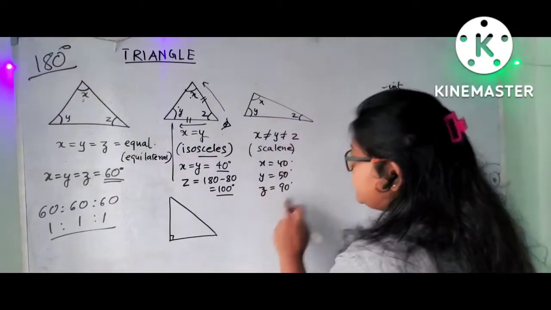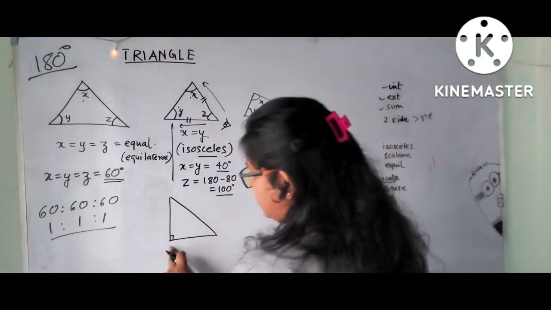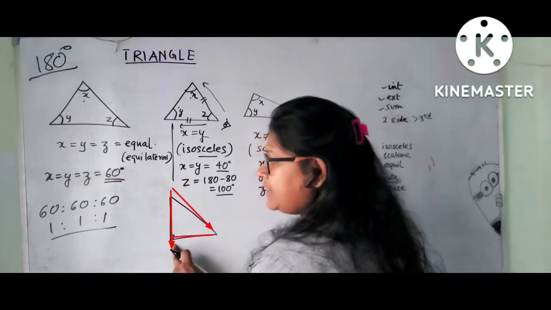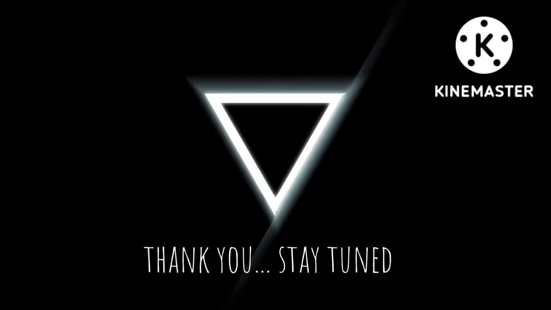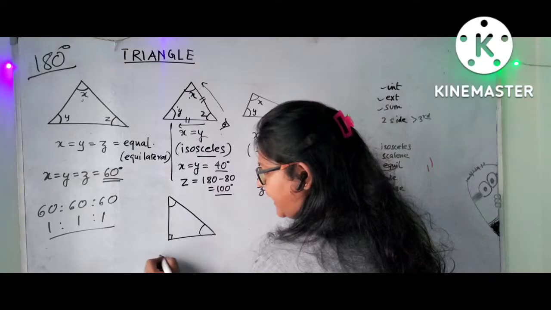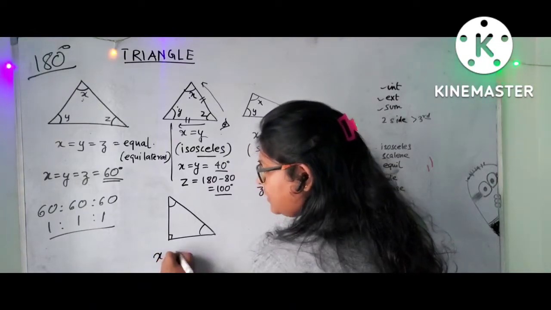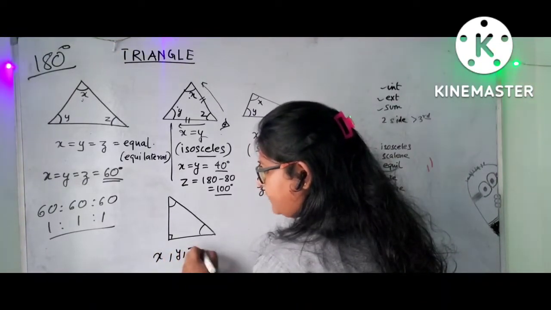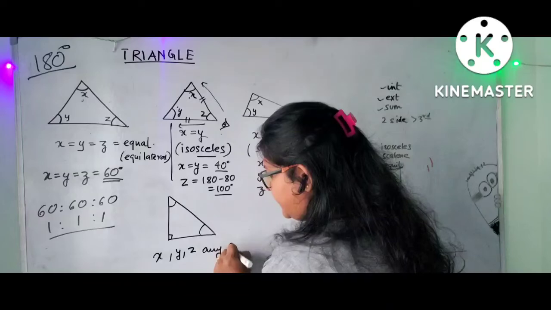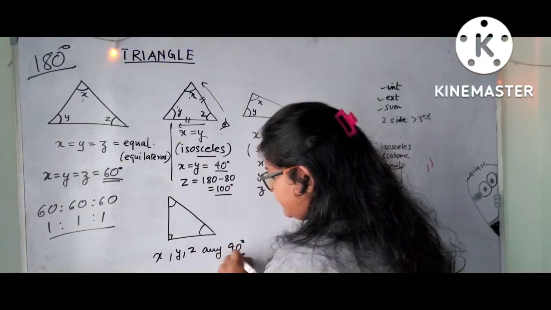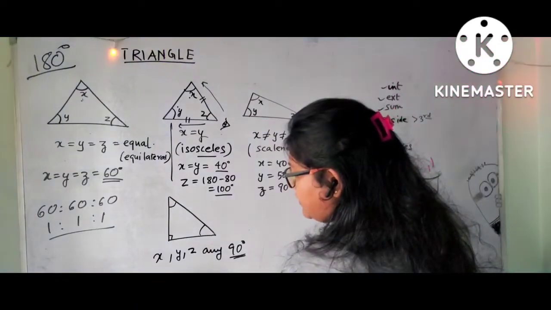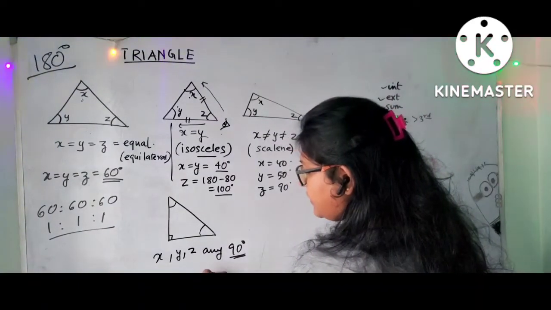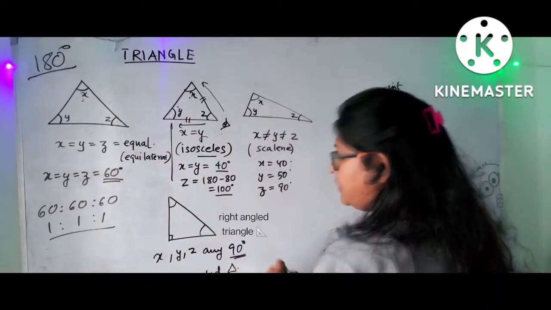Talking about the 90 degree, if a triangle has 90 degrees in any one of the angles, either x or y or z, if any is equal to 90 degrees, then this will be known as a right angled triangle.